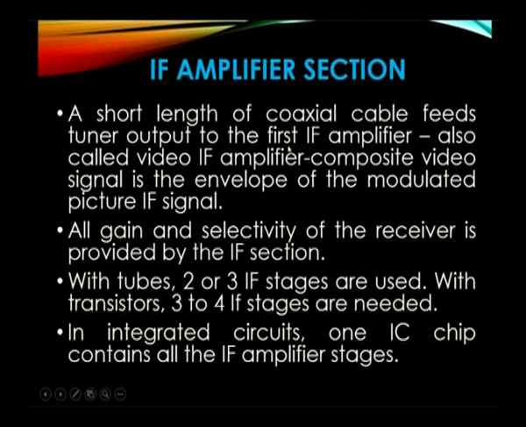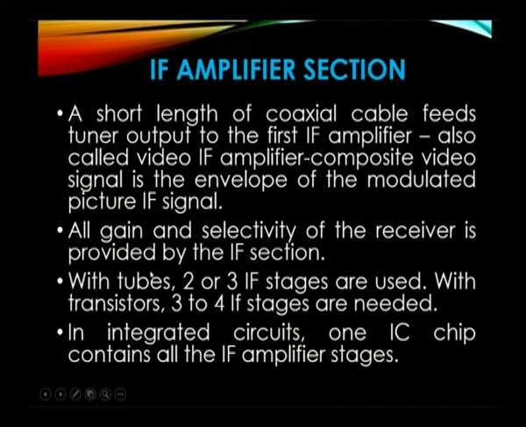Next, we move on to the IF amplifier section, which has a short coaxial cable that feeds the tuner output to the first IF amplifier, and it is also called the video IF amplifier. It consists of a composite signal, which consists of the modulated picture IF signal. All the gain and selectivity of the receiver is provided by the IF section only.